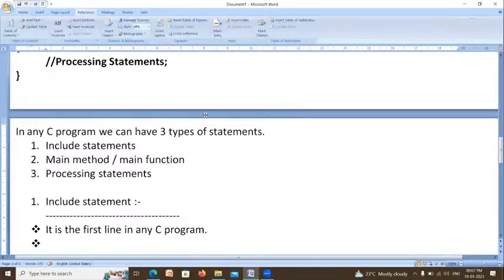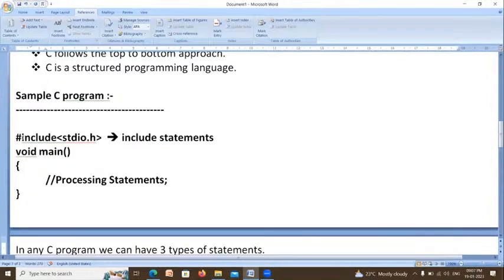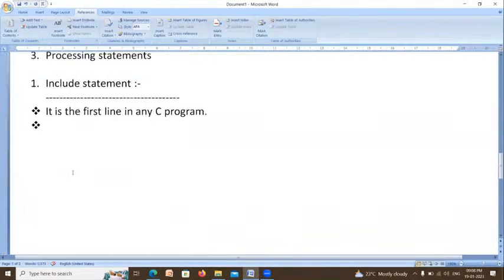Right. It always begins with the hash symbol. The symbol name is hash symbol.